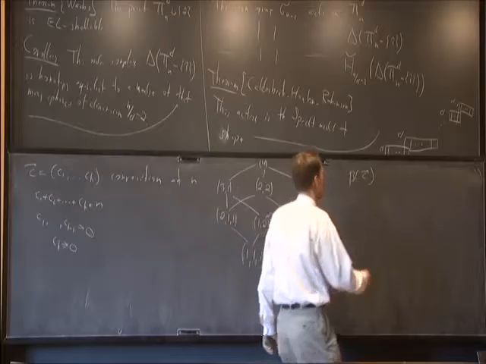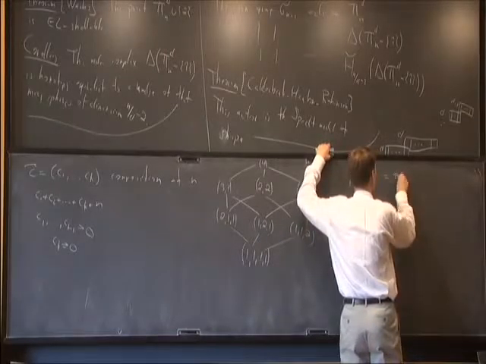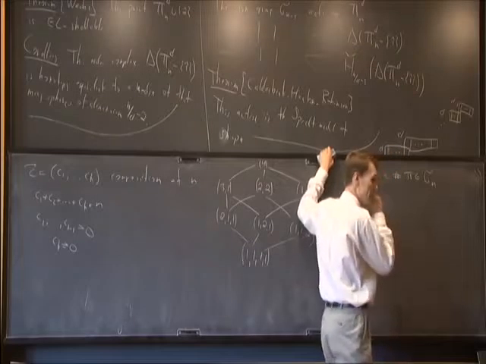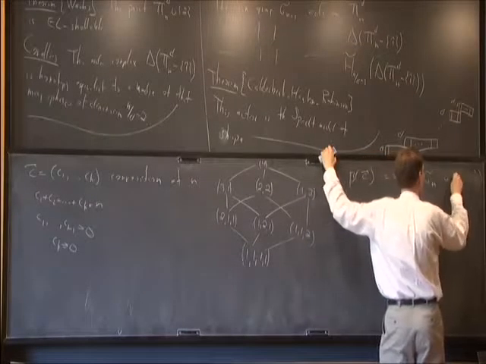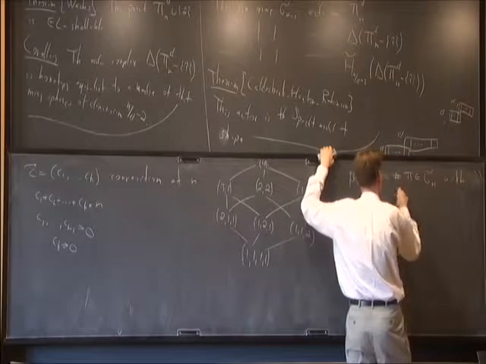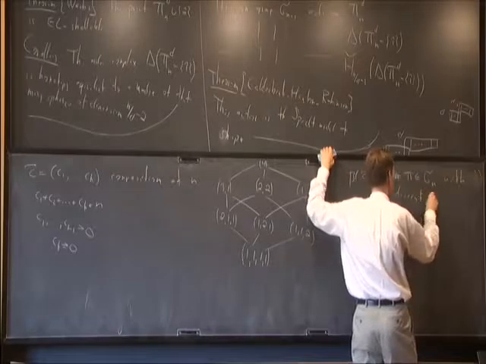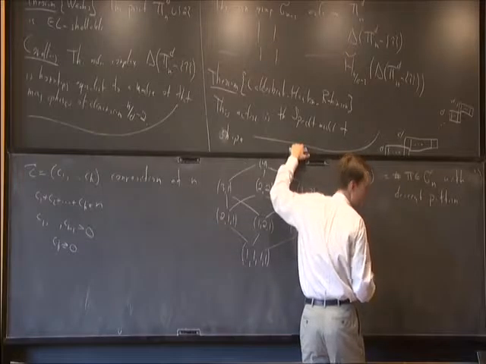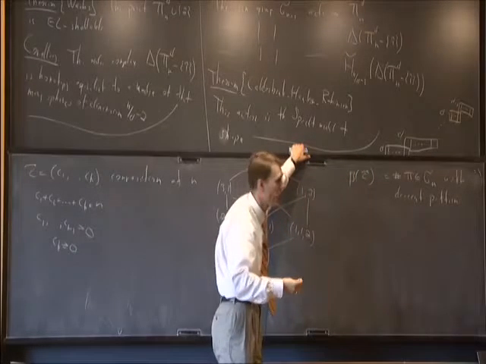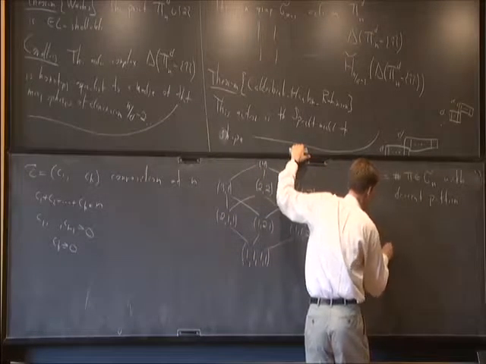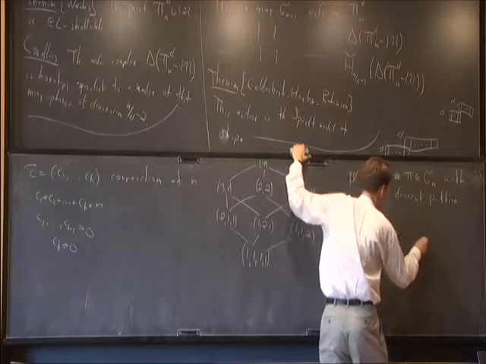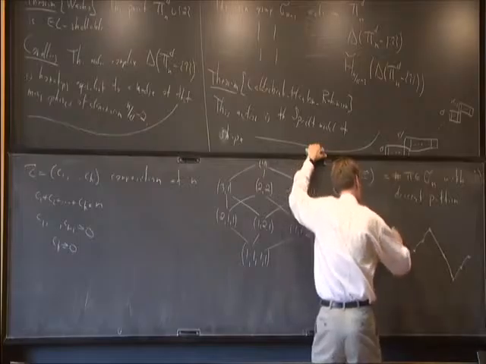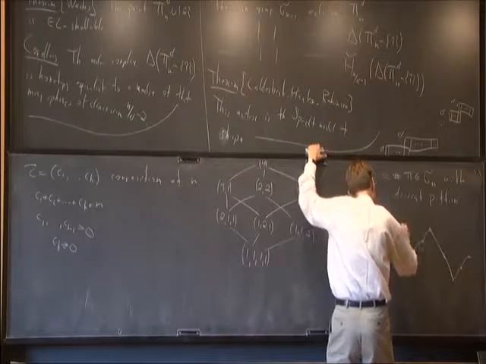It's going to be the number of permutations pi in the symmetric group of n elements with a given descent pattern. And instead of trying to write it down, it's easy to draw a picture. So this is the pattern of the permutation.